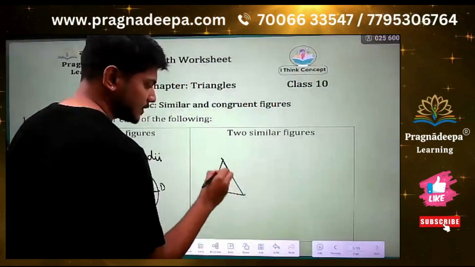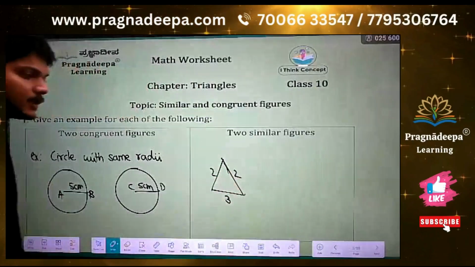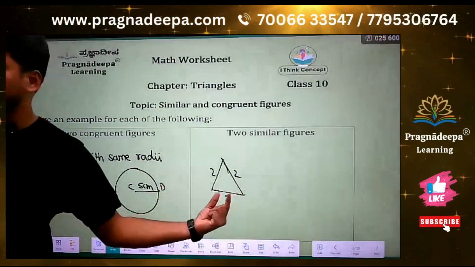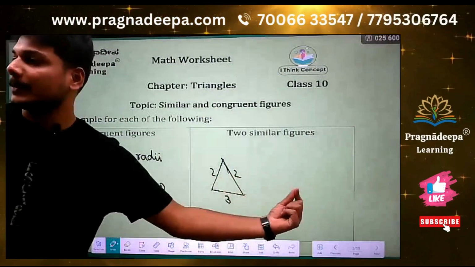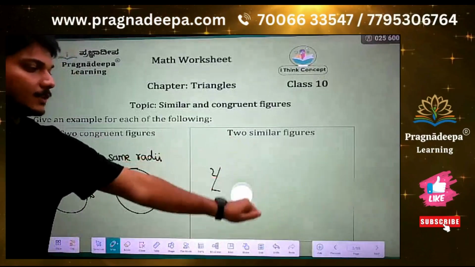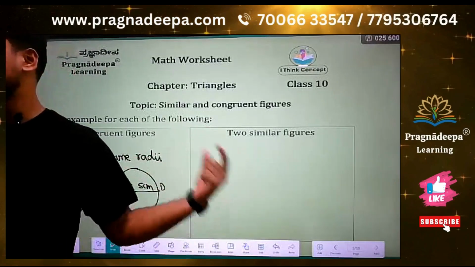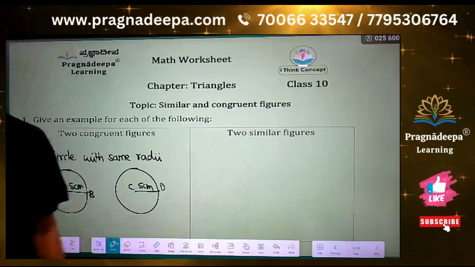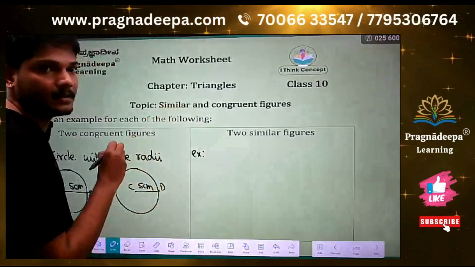Not all isosceles triangles are similar, as they have different measurements. Even if you take two isosceles triangles with 2 centimeters, you cannot maintain the corresponding sides ratio. So for similar figures you can give the example of equilateral triangle.